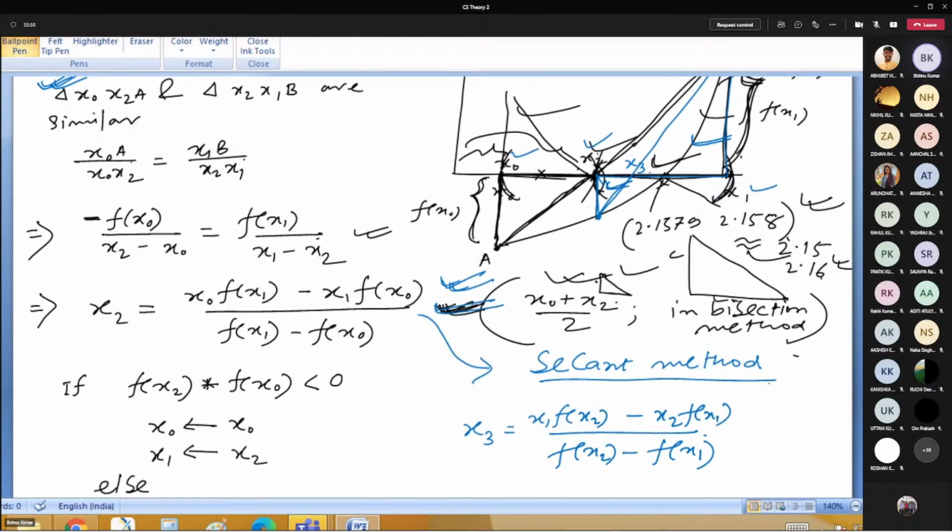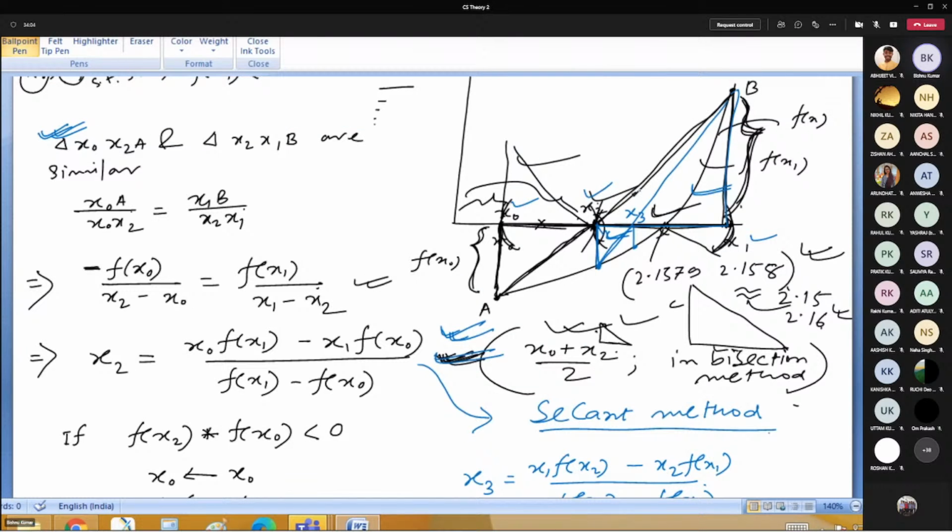After getting x3, again I draw a vertical line at x3 where it touches the graph. From that point to the opposite end point I draw a chord, and where it cuts the x-axis is the next updated point, x4.